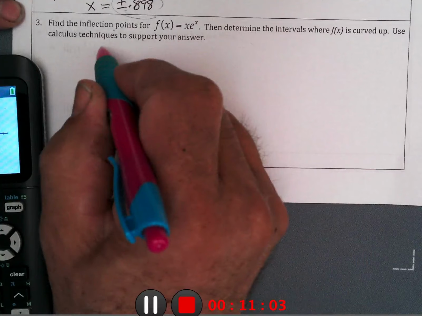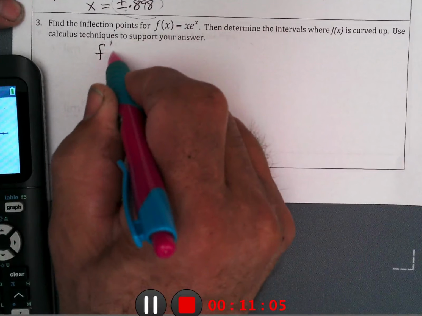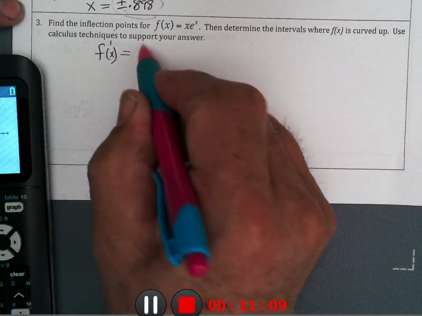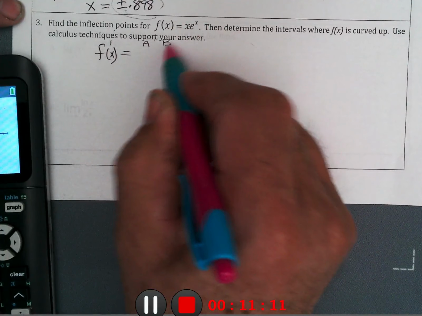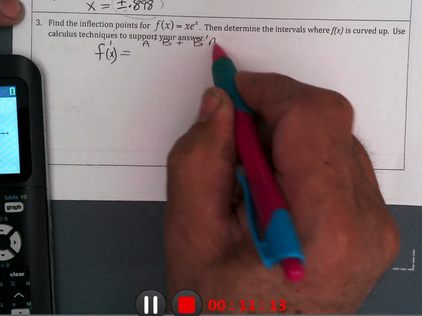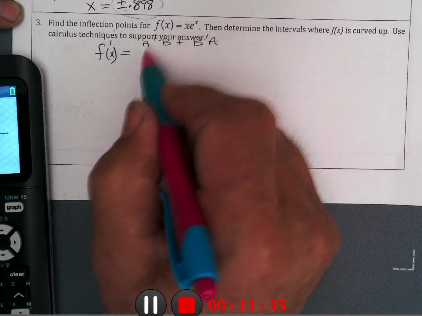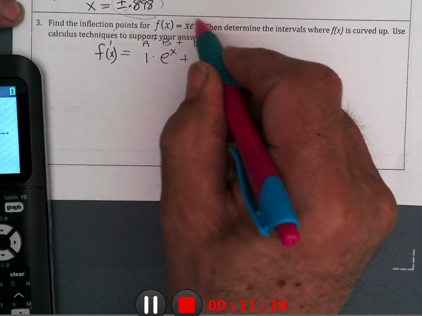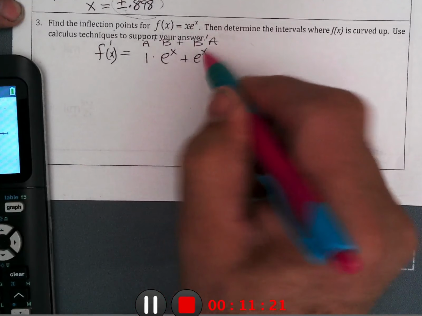So I've got to find the first derivative. And this is a product, so I take a prime b plus b prime a. Derivative of x is 1 times e to the x plus derivative of e to the x is e to the x times x.